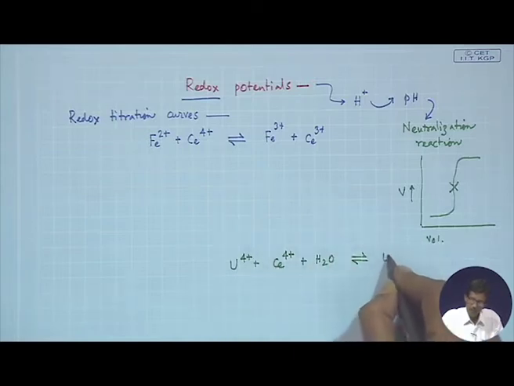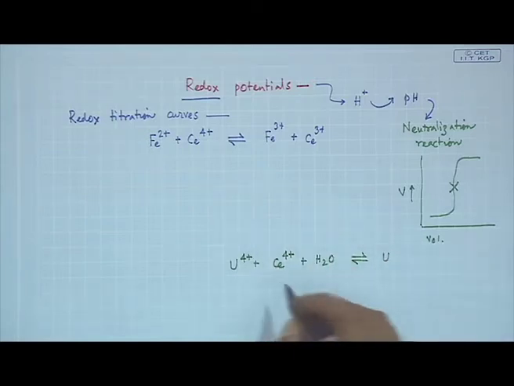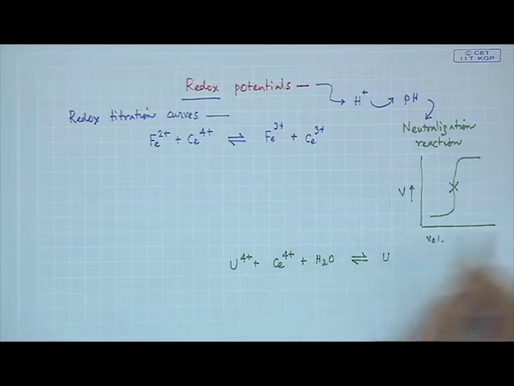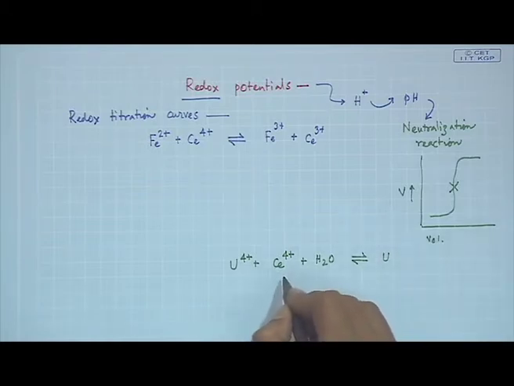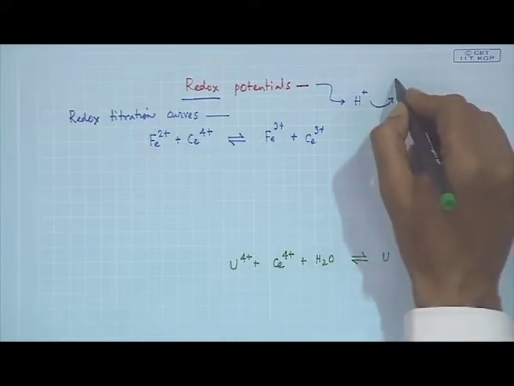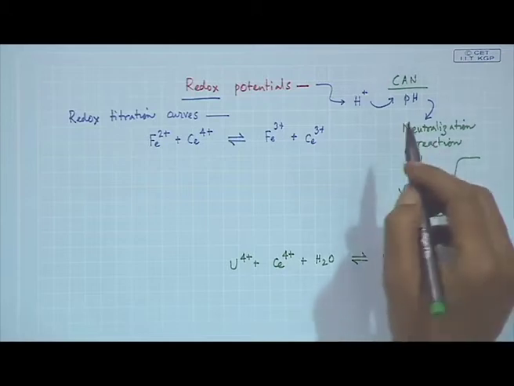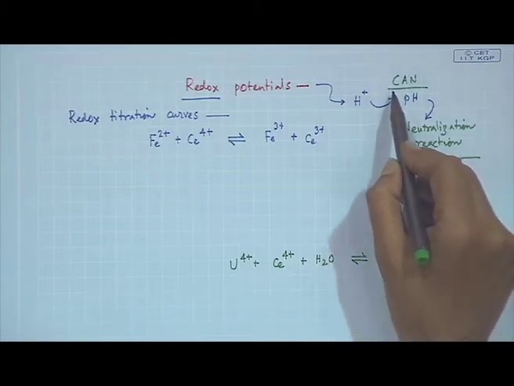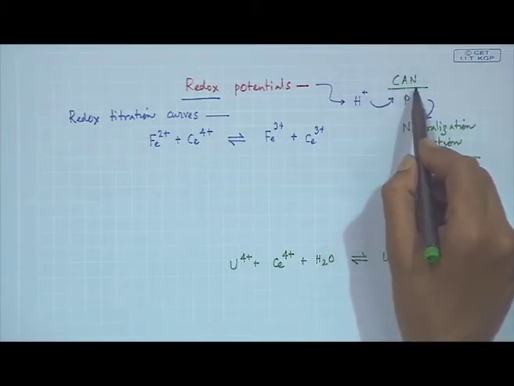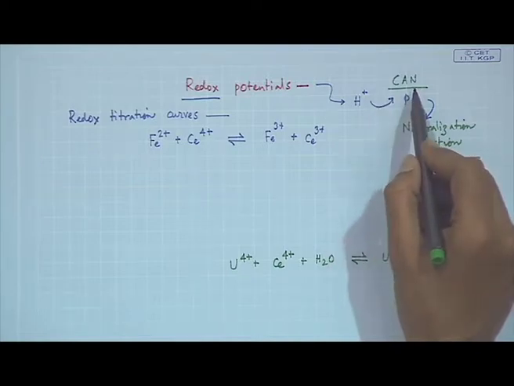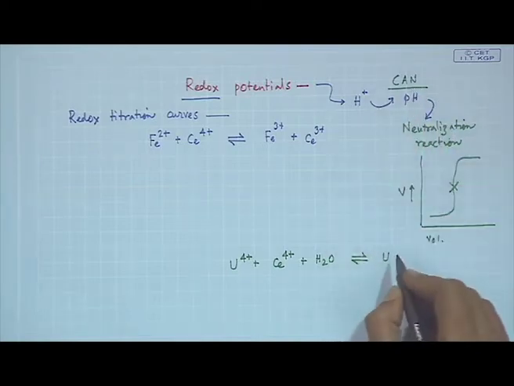So, what sort of species can we have once it is oxidized by ceric ion? Simple ceric ion, starting from your organic chemistry or any other chemistry, is a very useful oxidizing agent, and we call some species CAN, which is the abbreviated form of ceric ammonium nitrate. So, ceric ammonium nitrate can give rise to so many useful reactions.